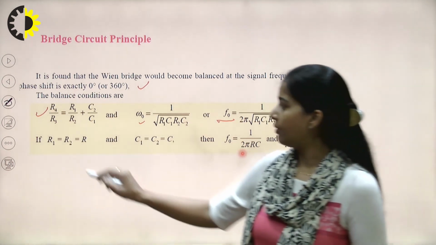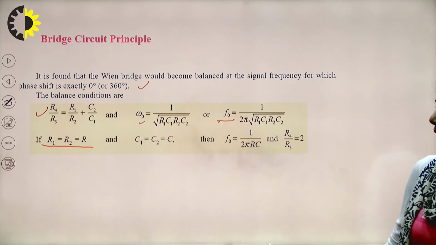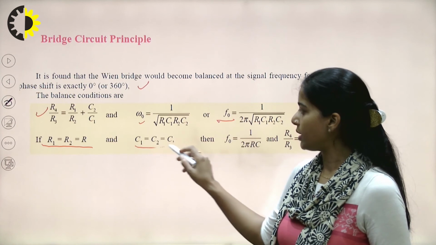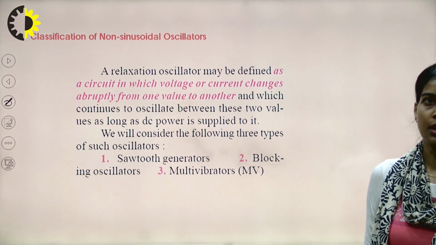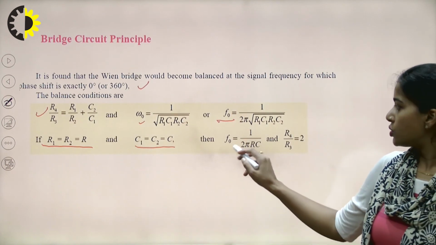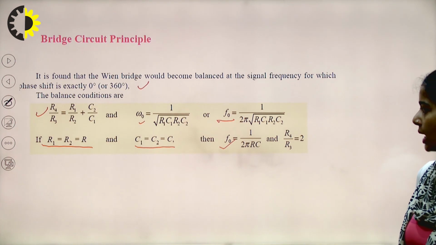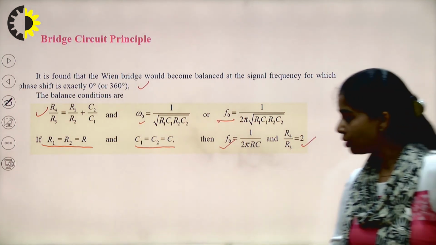If R1 and R2 are equal and represented by a resistance R, and capacitances C1 and C2 are represented by an equal capacitance C, then the frequency can be written as 1/(2πRC), and R4/R3 is equal to 2.